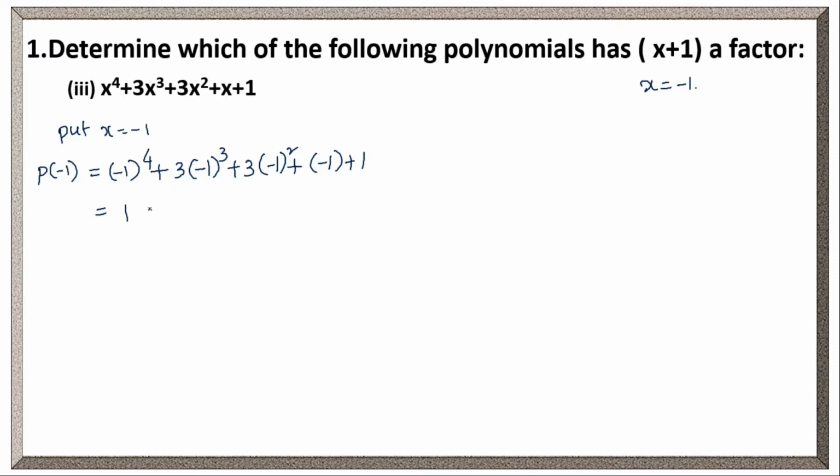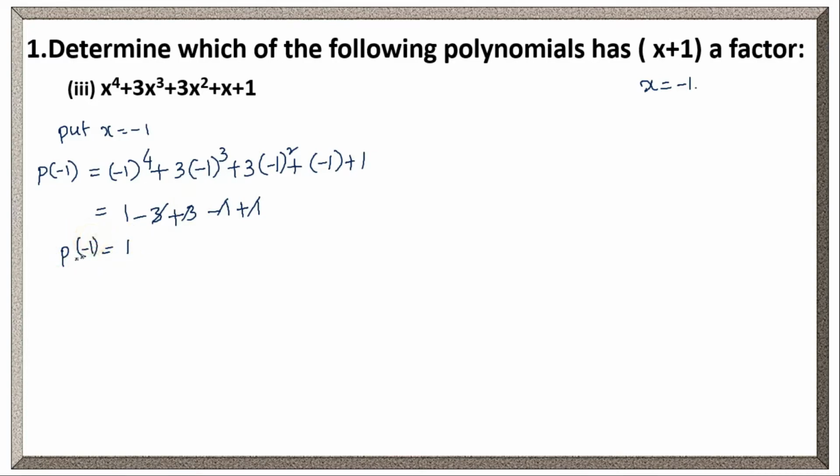Minus 1 into plus 3, minus 3 it will become. Minus 1 whole to the power of an even number will become plus 1. Plus 1 into 3, plus 3. Minus 1 plus into minus, minus 1 plus 1. Clear? Now minus 1 plus 1 will get cancelled. Minus 3 plus 3 will get cancelled. What is the remainder we got?